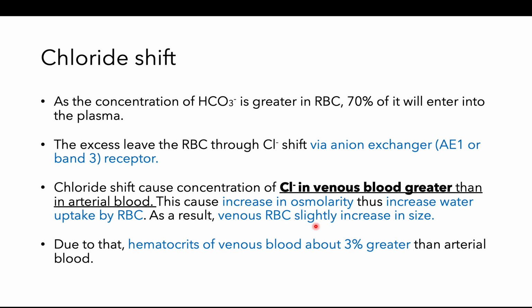That's why they will increase their osmolarity. So when they increase in osmolarity due to the presence of the chloride, they will tend to take a lot of water. So it will increase water uptake. That's why if you take a look at the venous blood, their RBC is slightly bigger, gemuk, fatter than in the arterial blood. If you check the hematocrit, you will see that it is 3% greater lah.